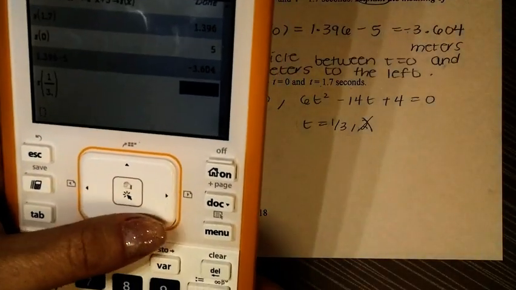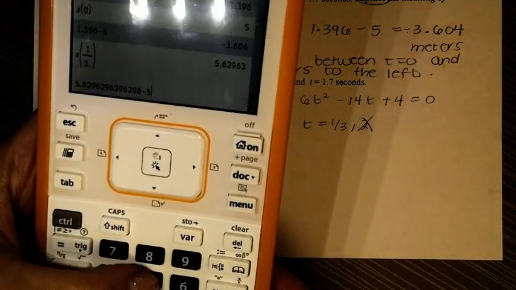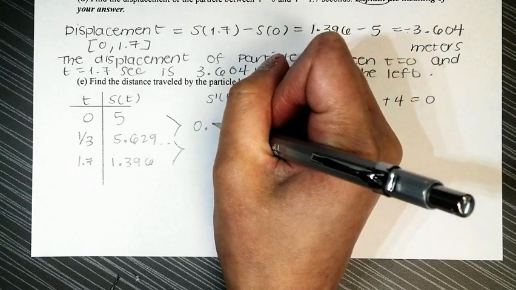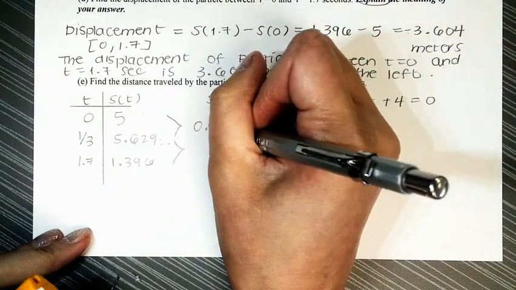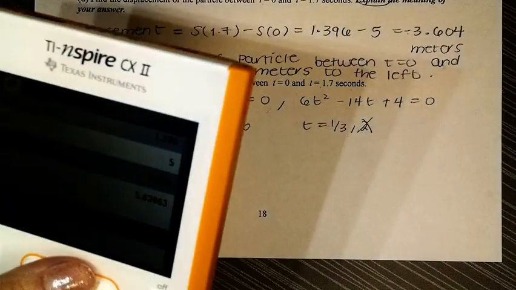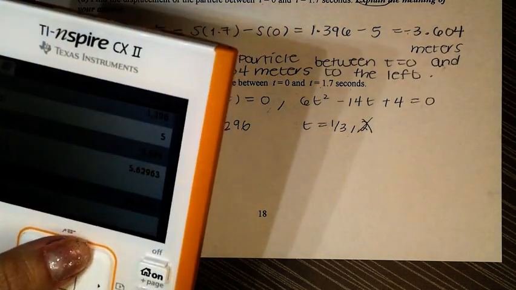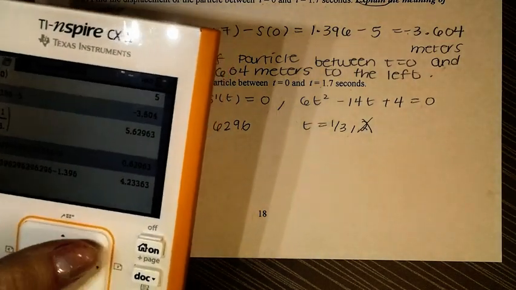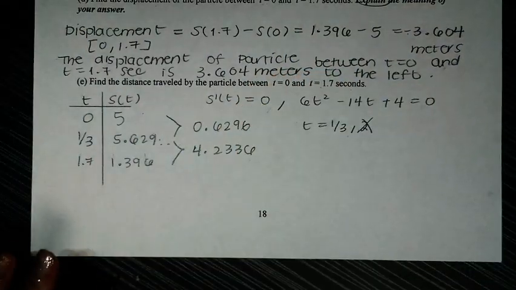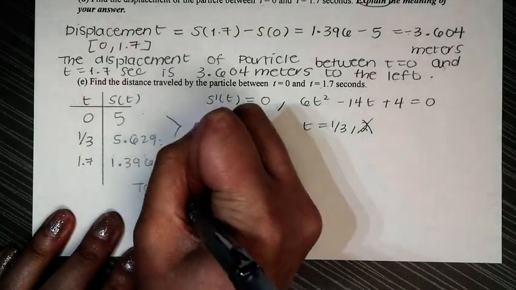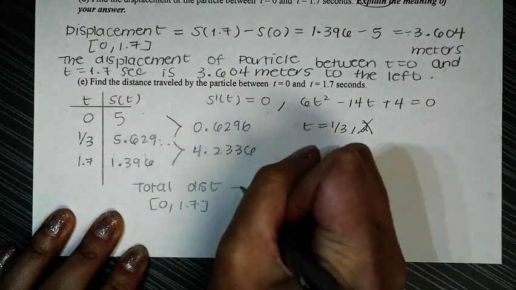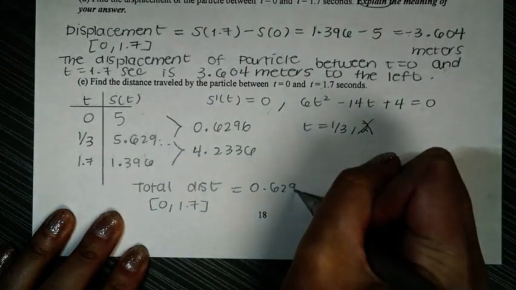I take this one minus the 5. The distance from here to here is 0.6296, and from this to that one, it's this one minus this one, which is going to be 4.2336. So the total distance from 0 to 1.7 is equal to this plus this.